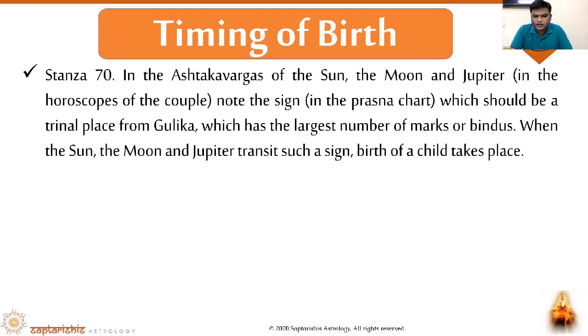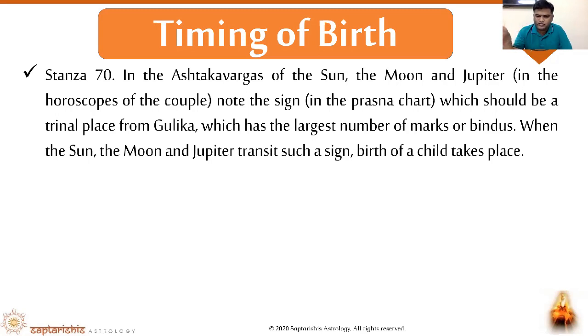And in the Prashna chart which you have cast, note the sign which is in a trinal place from Gulika. It means in the Prashna chart you have to see where Gulika is located. Now mark that sign.